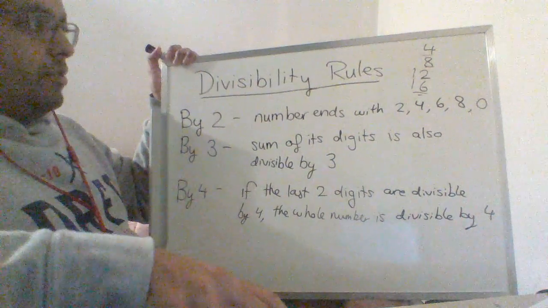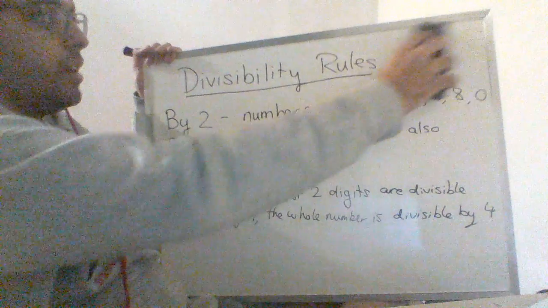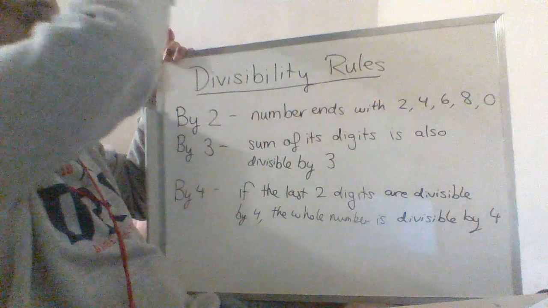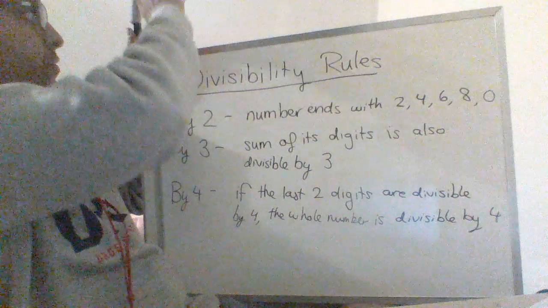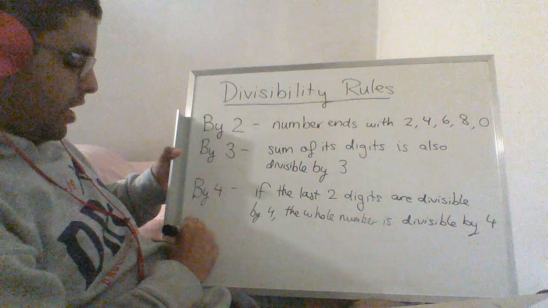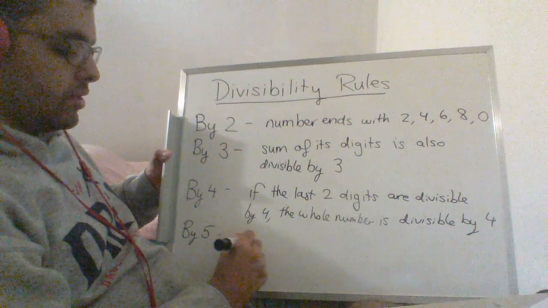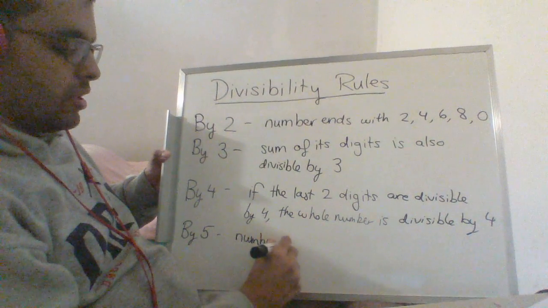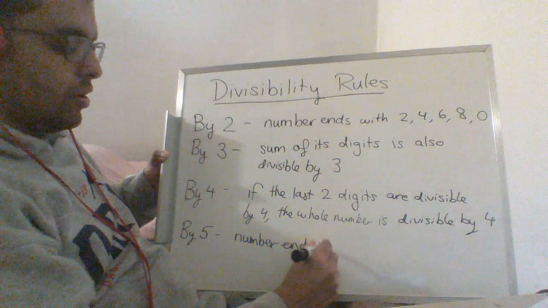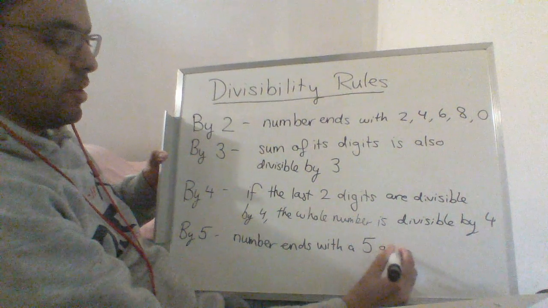So the next two are quite short and sweet, just like divisibility by 2. So I'm just going to write them up here. Divisibility by 5, basically the number ends with a 5 or a 0.